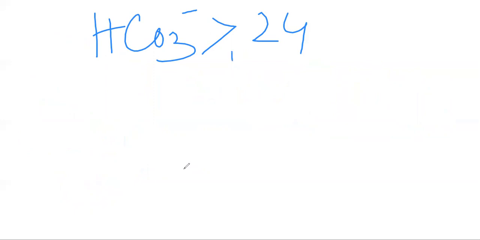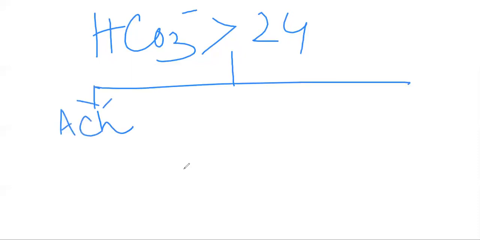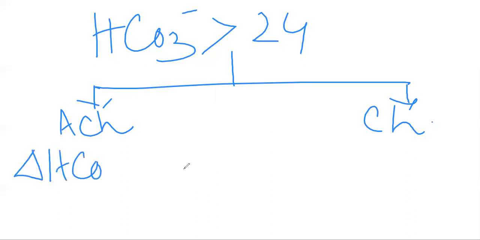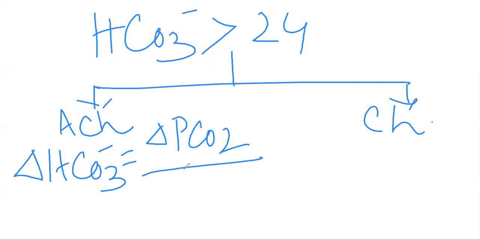In this case, you have to again divide this into acute phase and chronic phase. In case of acute, the bicarbonate rise should be equal to the PCO2 difference divided by 10.